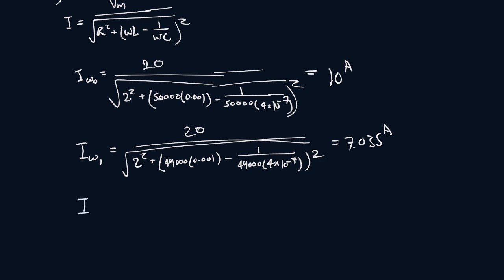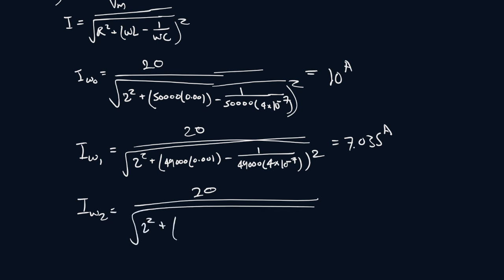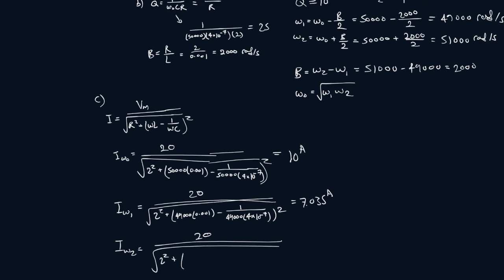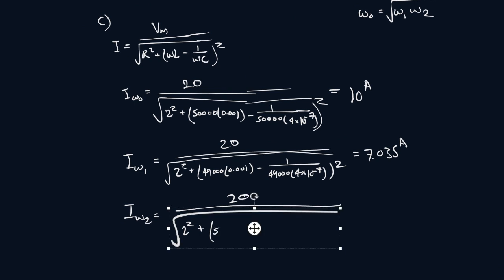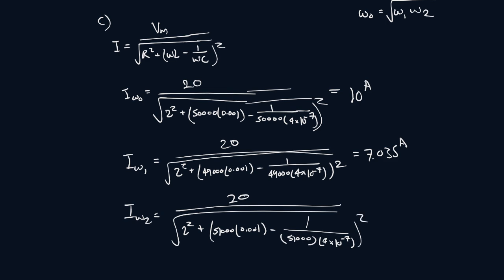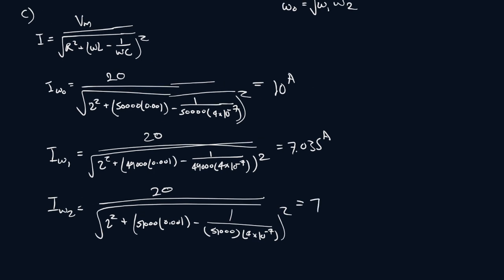And then finally we have W2. Instead of 49,000, we're going to use 51,000. Okay. And that should give you 7.106 amps. So these are your final answers.